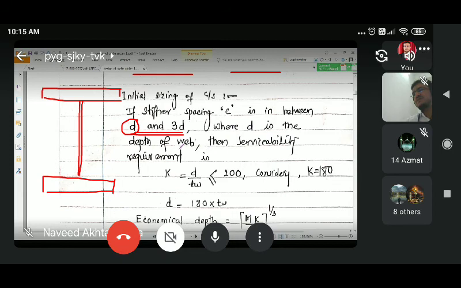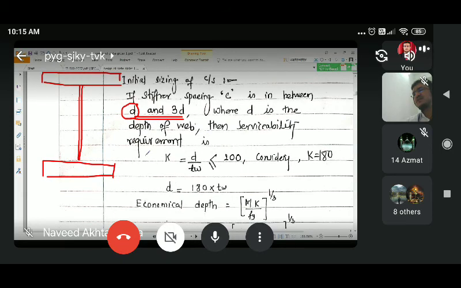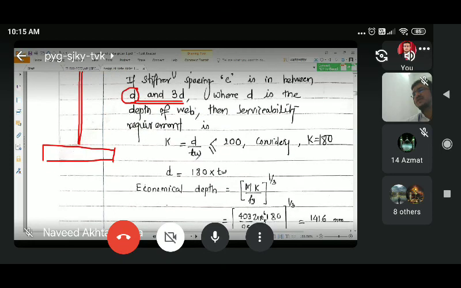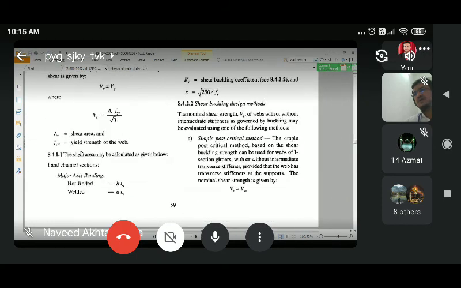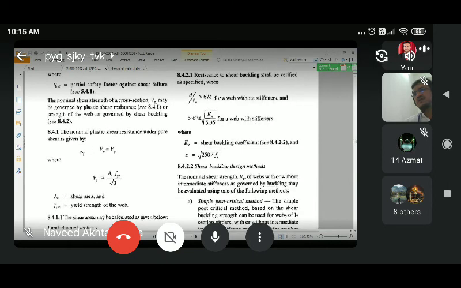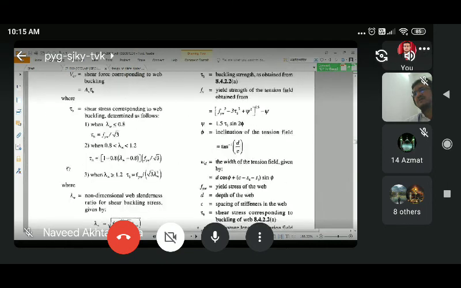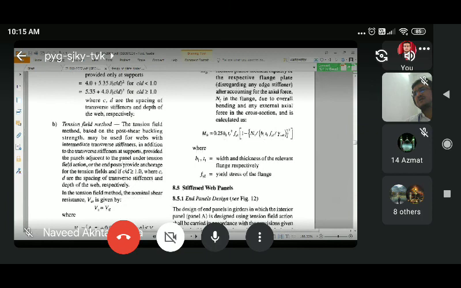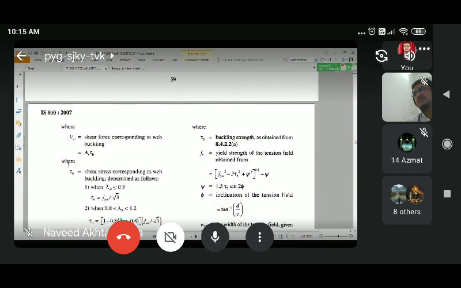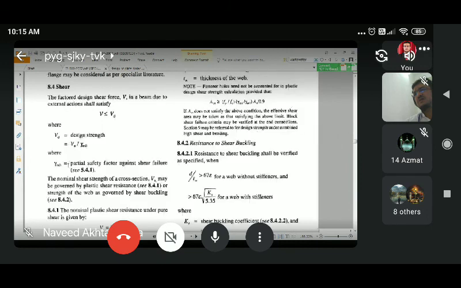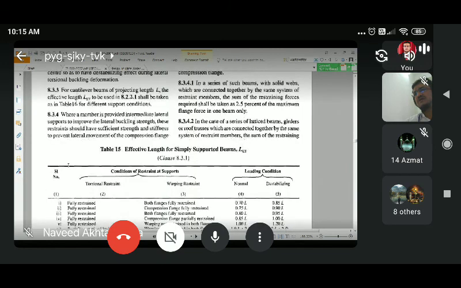Then the serviceability requirement is D by TW should be less than or equal to 200. This serviceability requirement is given in the IS code. You can check from there and find out the value of D.